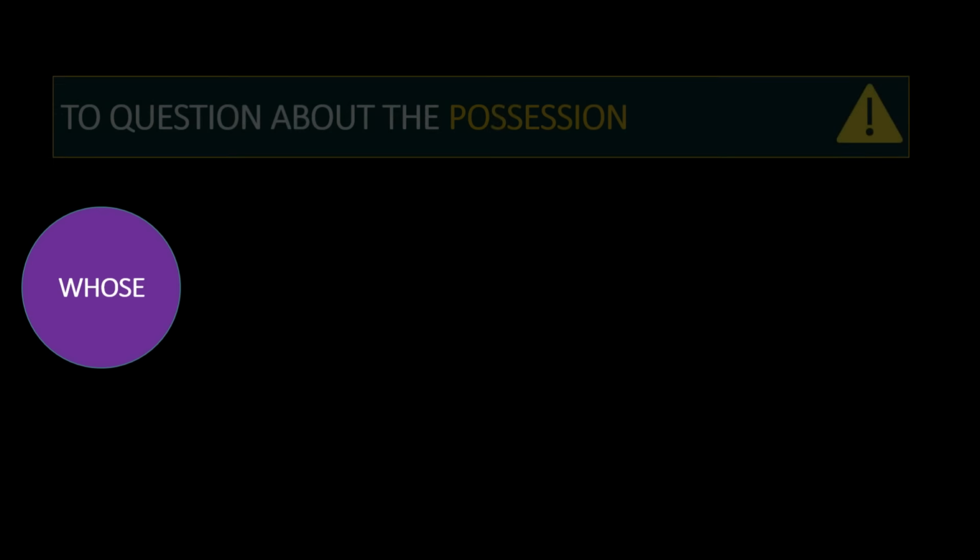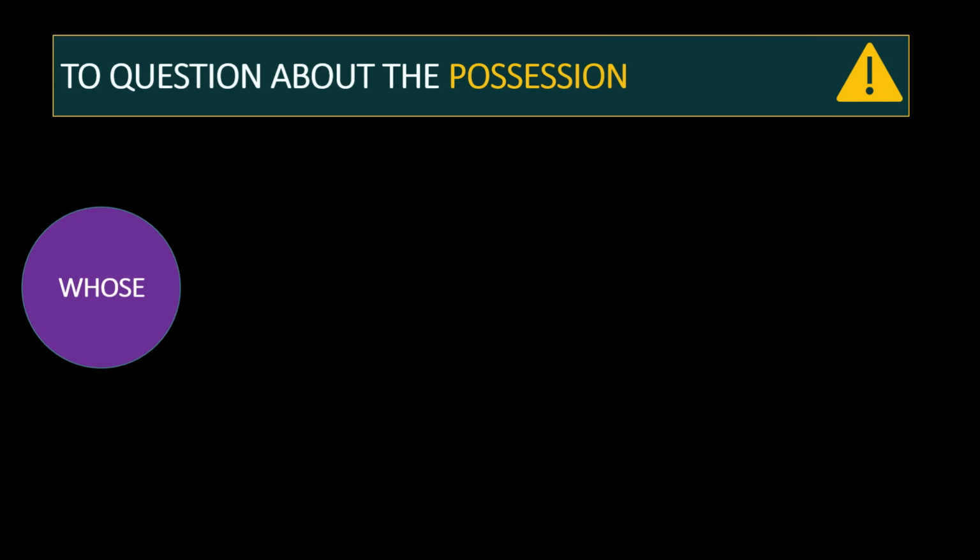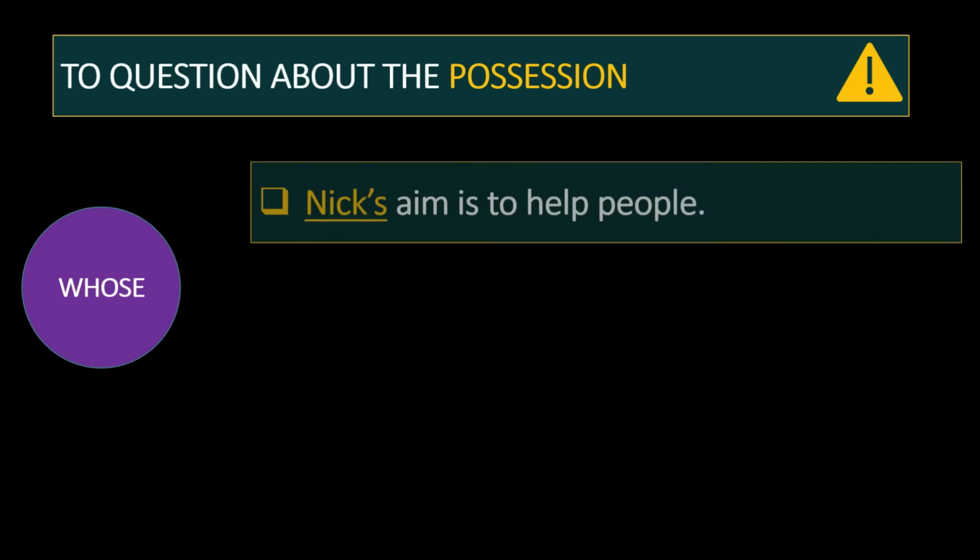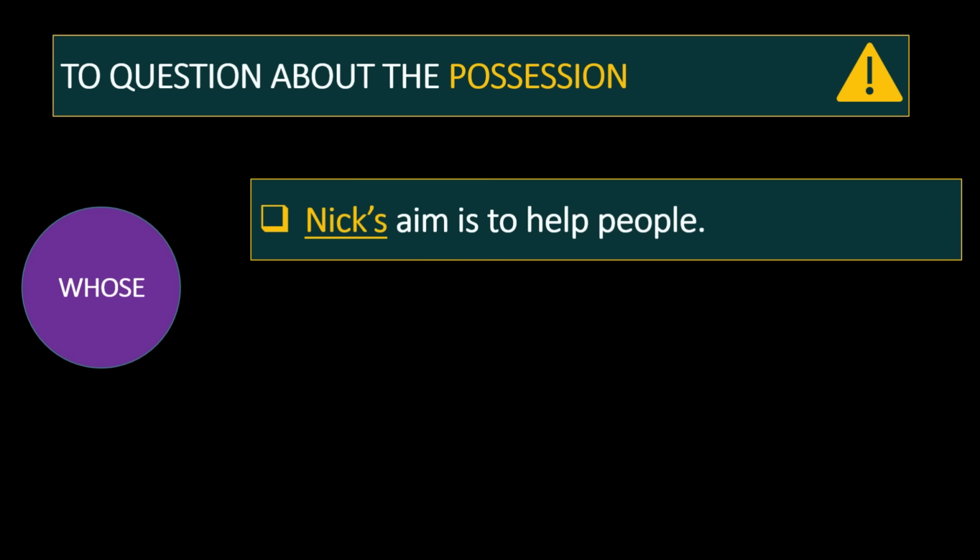Next one. This time we have whose. This is used to question about possession. What somebody has, what somebody owns. Example sentence. Nick's aim is to help people.